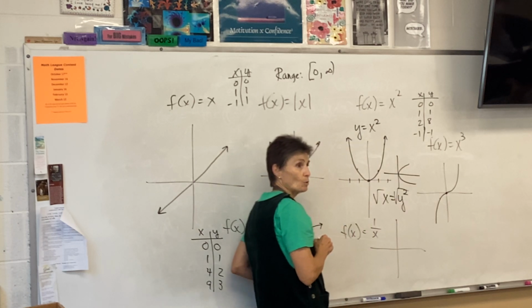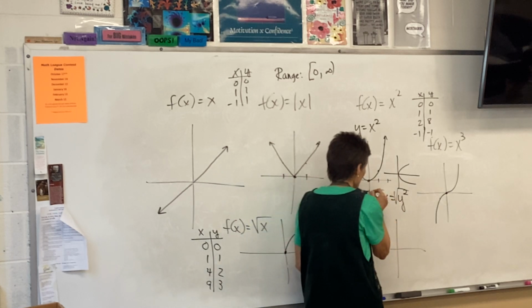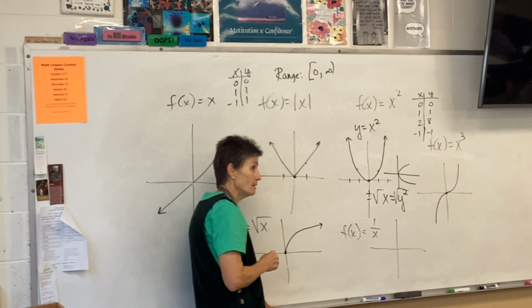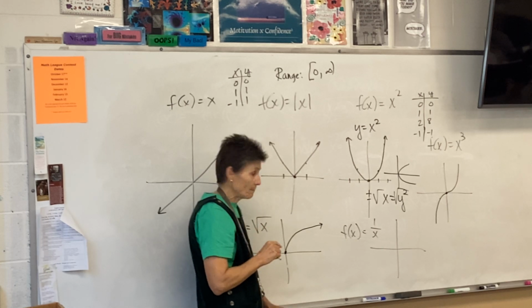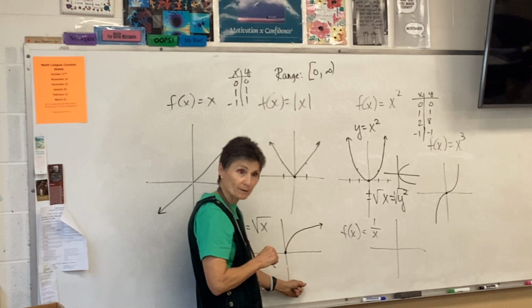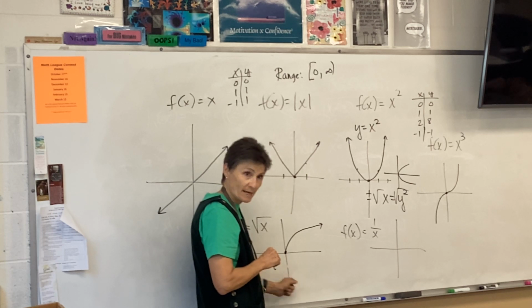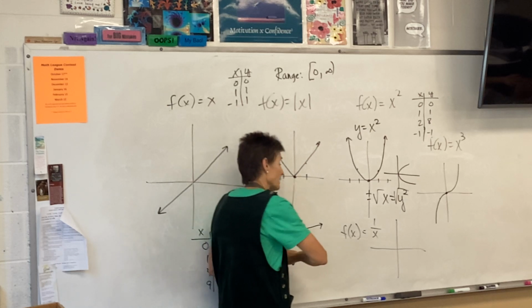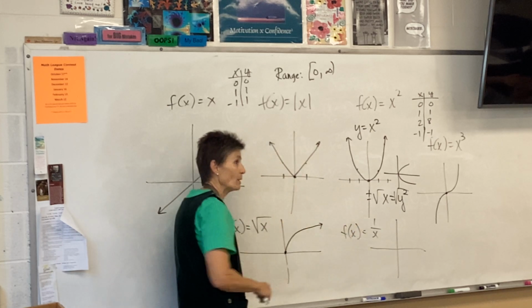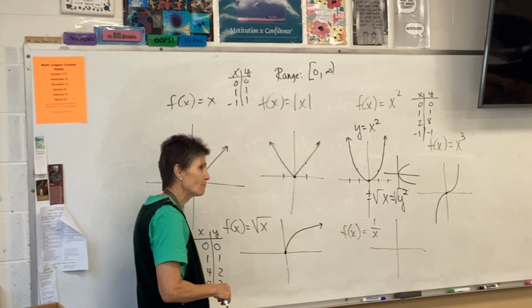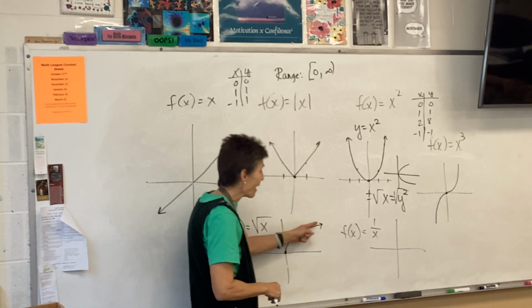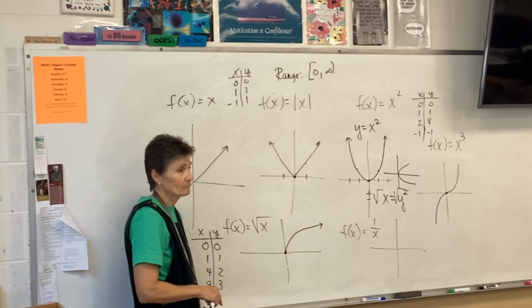Y equals the square root of x. If we do plus or minus, we get both halves of the picture, but we only do the positive one because we want it to be a function. If we did the negative, we would have something that's not a function. So this shape is half of a sideways parabola. Joe, are you okay? Okay, you talking about that? Okay. So this is half of a sideways parabola.